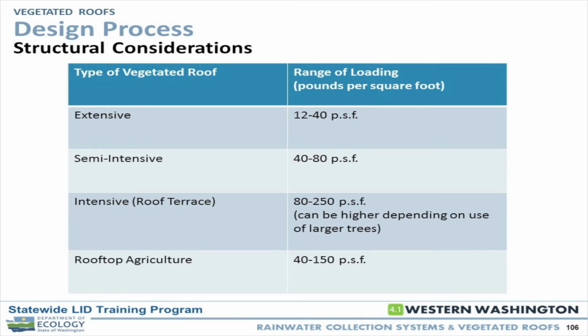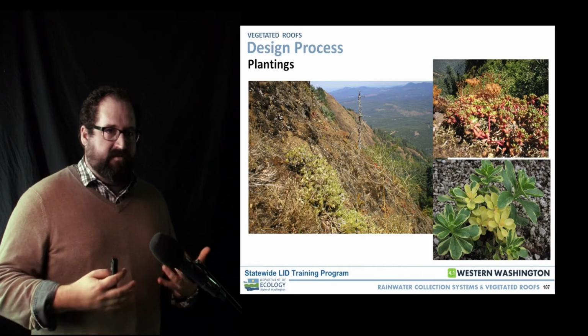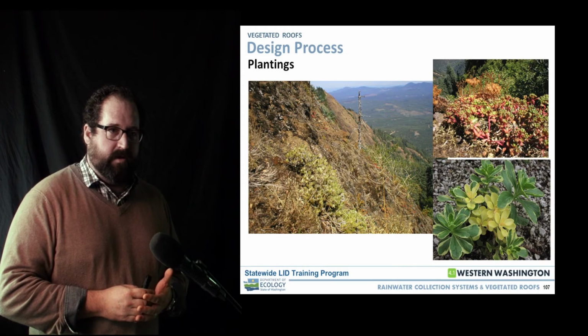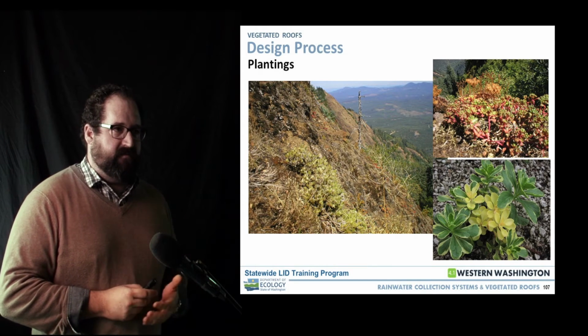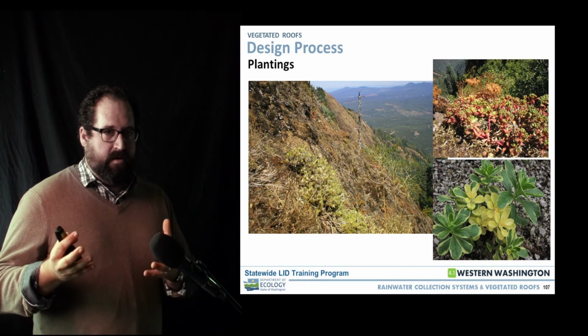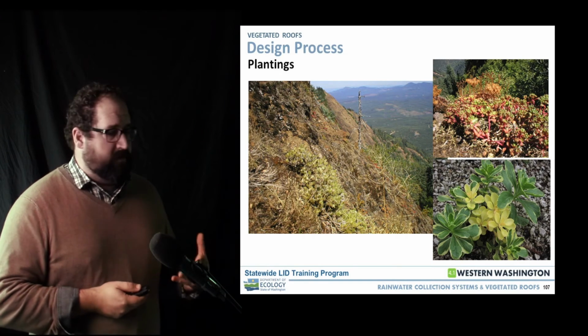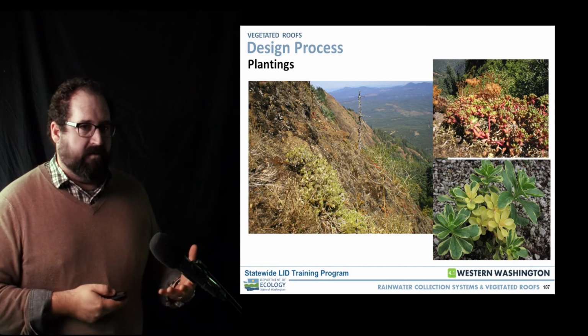Plants are obviously a key part of this, and again, the Germans and the Scandinavians, who were the forefathers of this, introduced the idea of succulent vegetation as the best combination of low maintenance and highest performance. And you start seeing why they're so good at this.